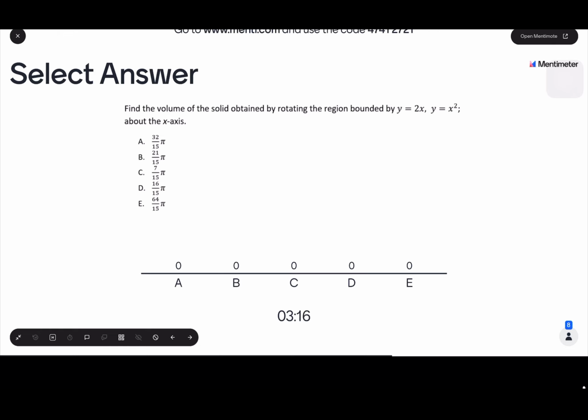If you're not sure, you can take your calculator and integrate, and make sure the calculator is giving the decimals, maybe the fractions, and using pi to give you the correct answer.